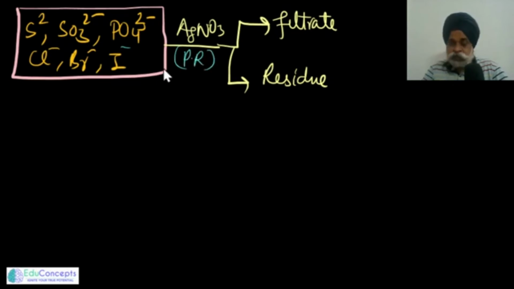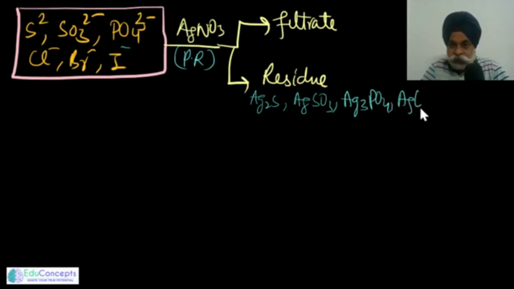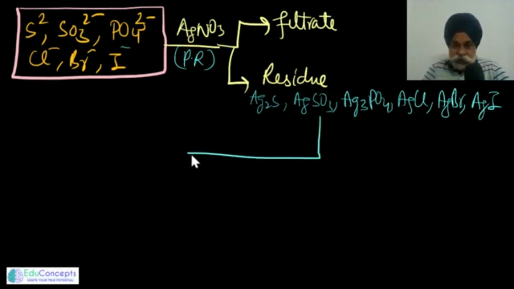It almost precipitates mostly all the anions of the acid radicals. On precipitation you would get silver sulfide, sulfite and silver phosphate along with silver chloride, bromide and iodide. So all these get precipitated, and thereafter they have added dilute HCl to this.